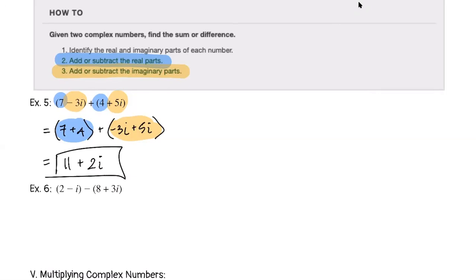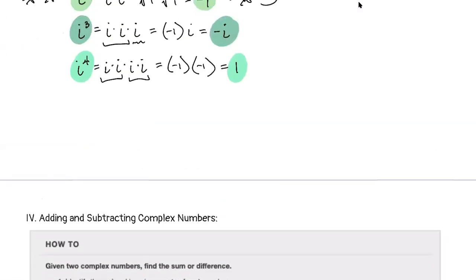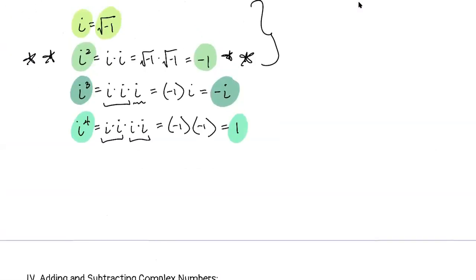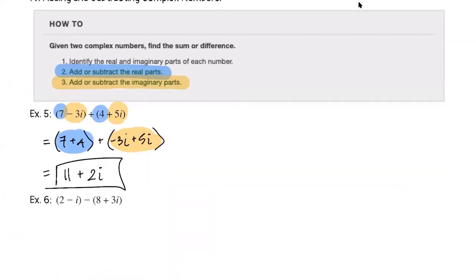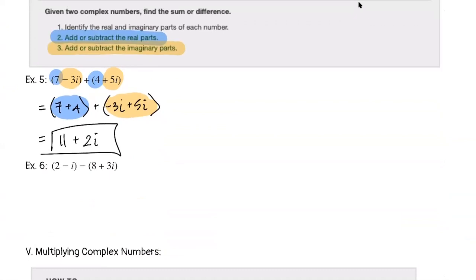No. i squared is the same as -1. So what might be a little trickier about example 6 when we're looking at subtraction?